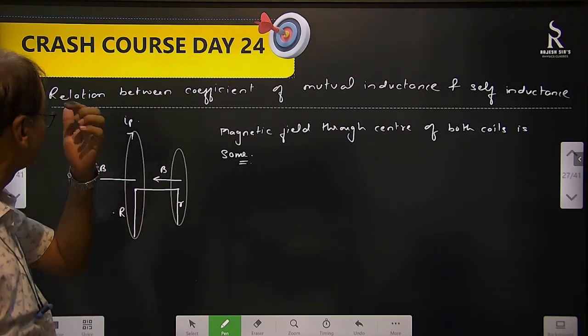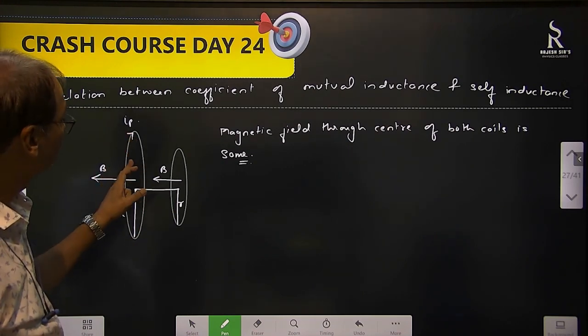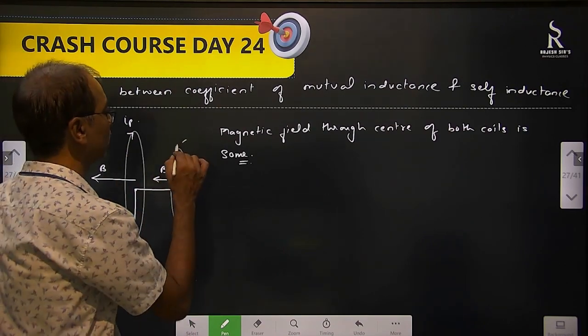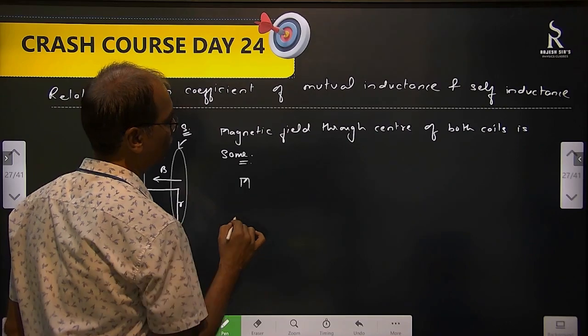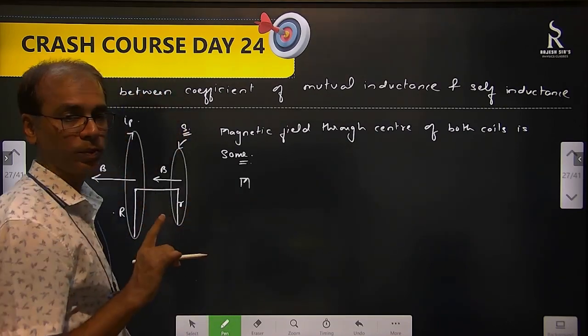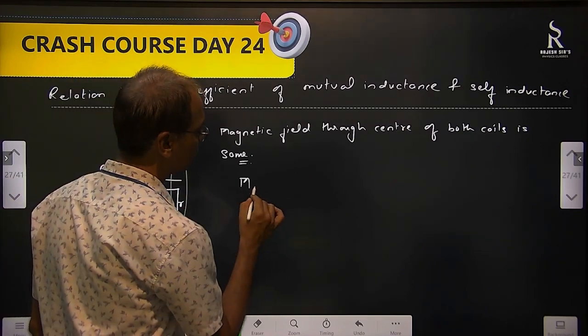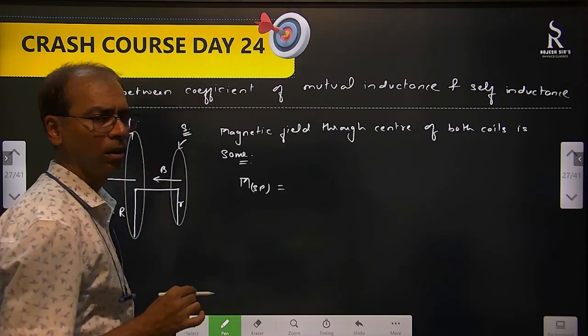Now, the coefficient of mutual inductance because of this larger one through this one, when I am going to consider this as secondary. So the mutual inductance of secondary due to primary coil, what will it be?